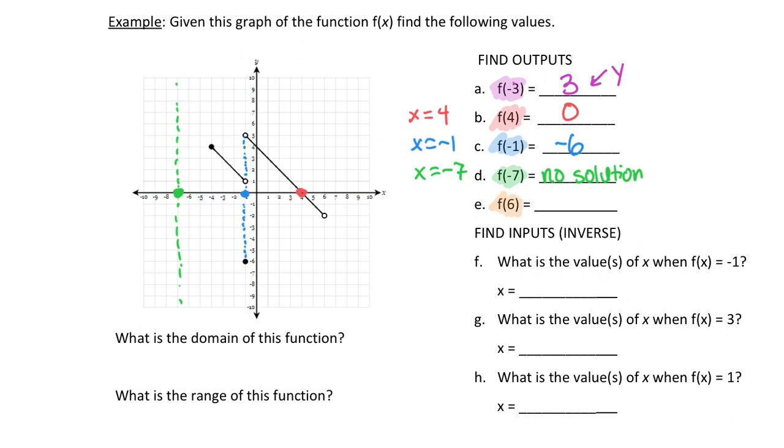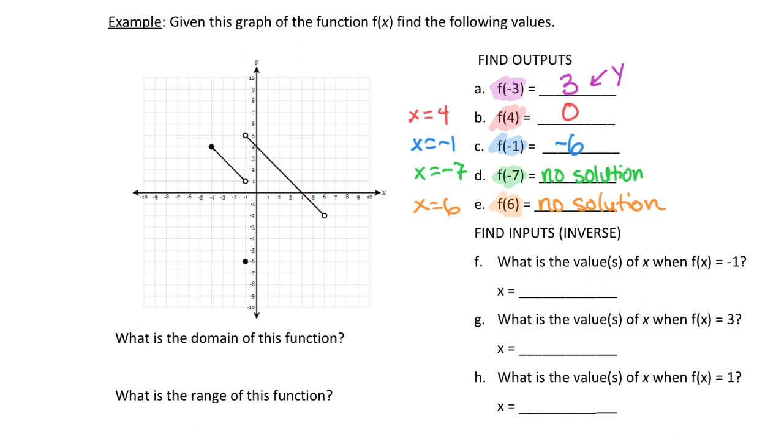So I try to give you an example of every possibility here. So if I go to f of 6, that means that my x value is 6. I go out here, there's 6. And if I go down, there's nothing. There's an open circle again, and there's nothing else to look at. So once again, this one has no solution. There's no y value. I can't find one.